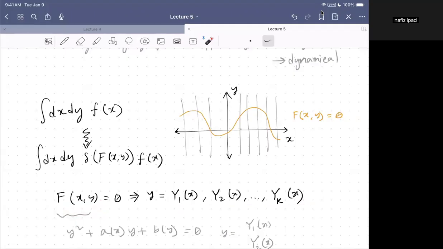And then if you look at the zeros of this function, you will find not just one line, but k different lines. We'll find something like this. So how many lines should I draw? 1, 2, 3, 4. So this will happen if f is quartic in y, and then for any value of x, you will find 4 different values of y where this function vanishes.